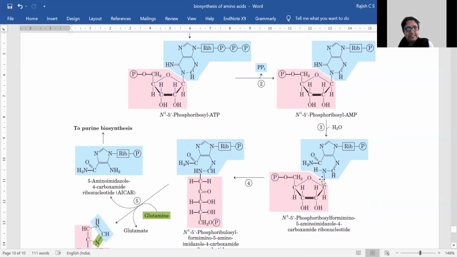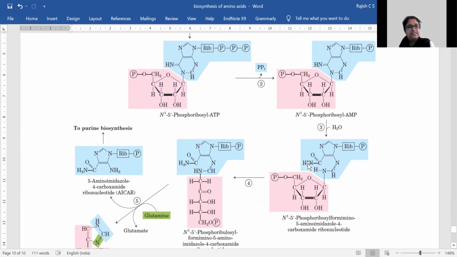And what happens is that this ring is now open. You can see that there is a closed ring over here. There is an H that is getting added over here. So there is an N and an NH. This gets open, and then this NH double bond NH becomes single bond NH2, and there is a double bond O also added to this carbon.